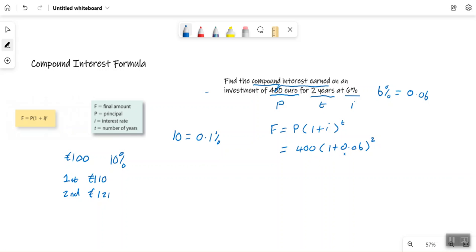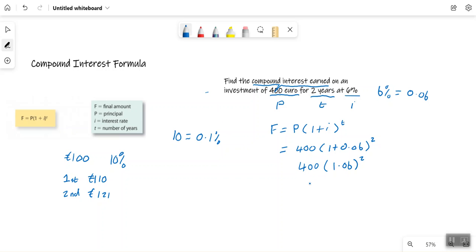Then we can do what's inside the brackets first. So it's going to be 400 times 1 plus 0.06, that's going to be 1.06, and that's all raised to the power of 2. 1.06 raised to the power of 2 is just 1.06 multiplied by 1.06, which is equal to 1.1236.